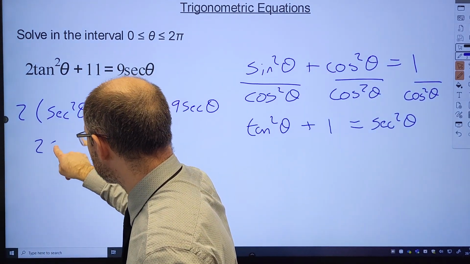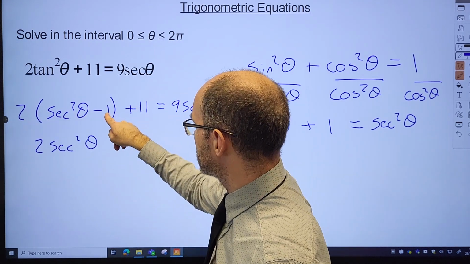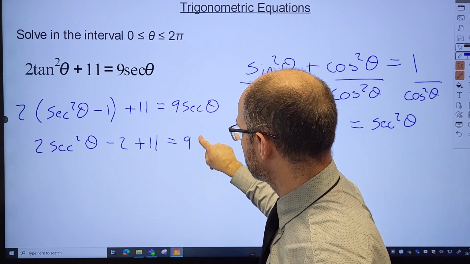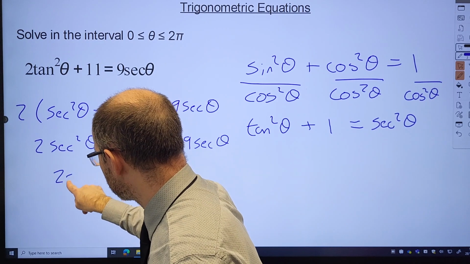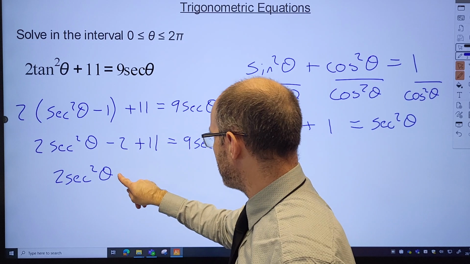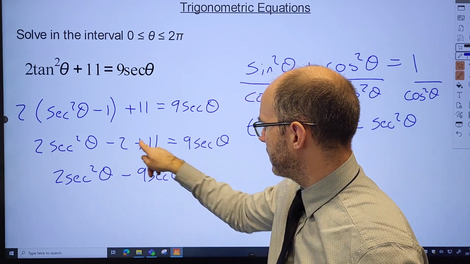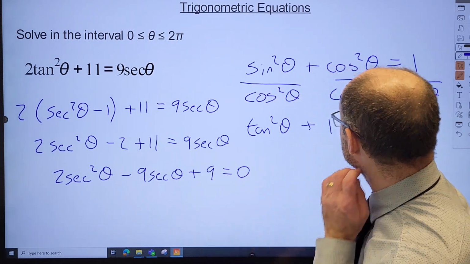So 2 sec squared theta, that's going to be minus 2. And then plus 11 is equal to 9 sec theta. Put all the terms onto one side, make it a quadratic equals 0. So minus 9 sec theta, and then that will be plus 9 equals 0.